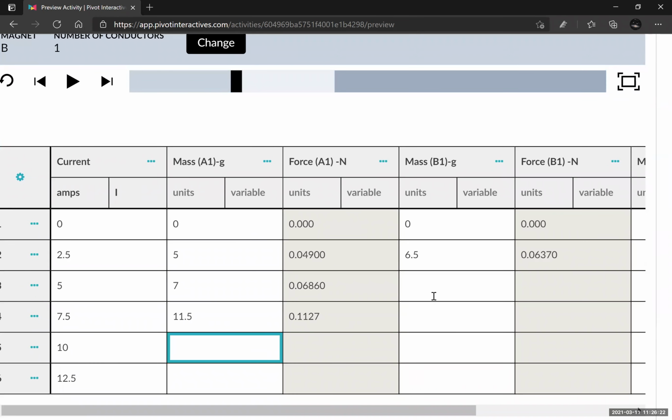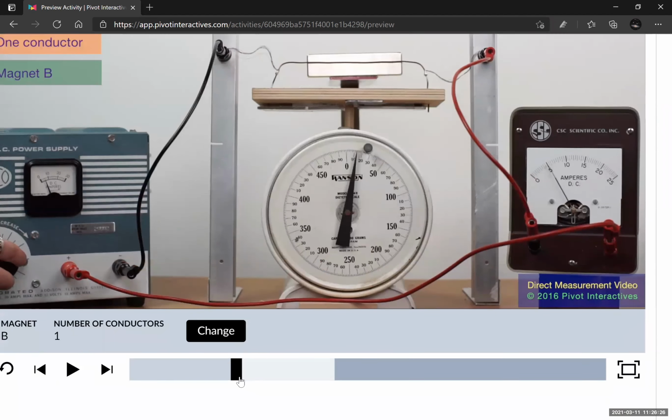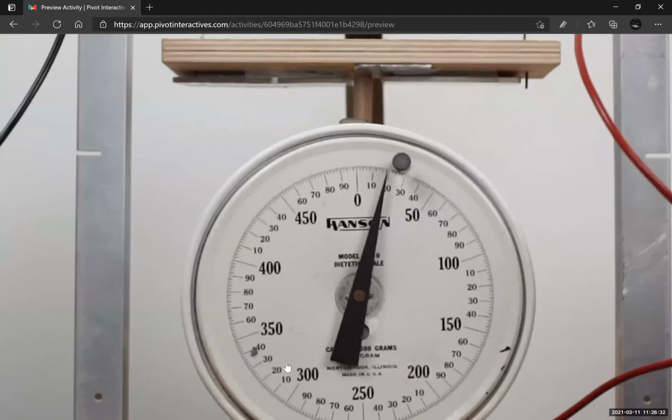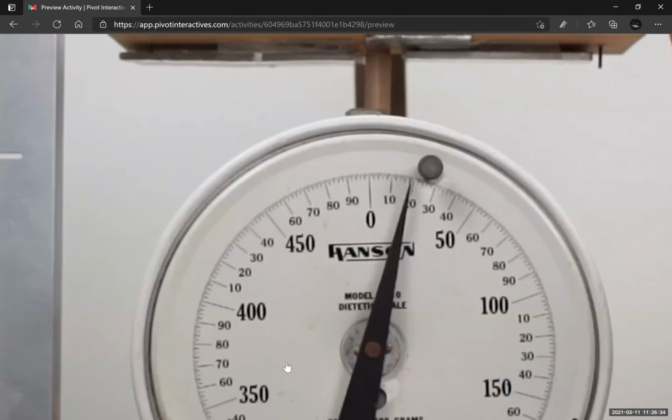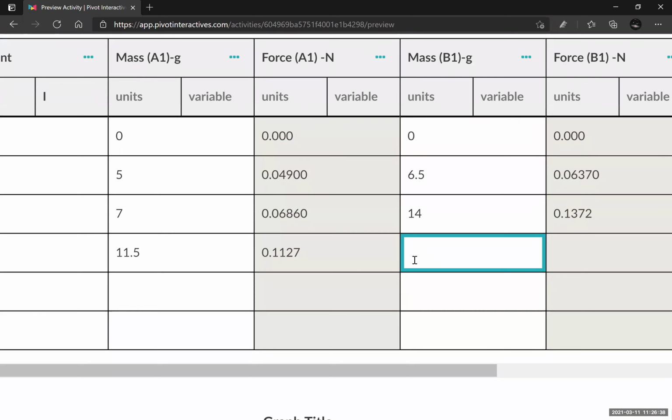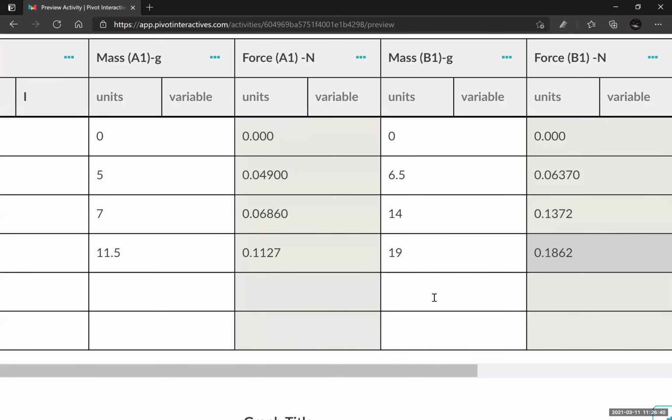Let's put this as 14, I'm just estimating a little bit. Then 7.5: this is almost 20, so I would say that's 19. Now this is what I have.